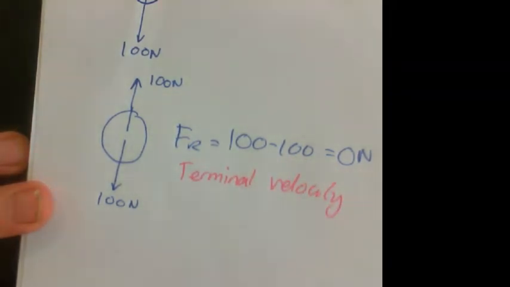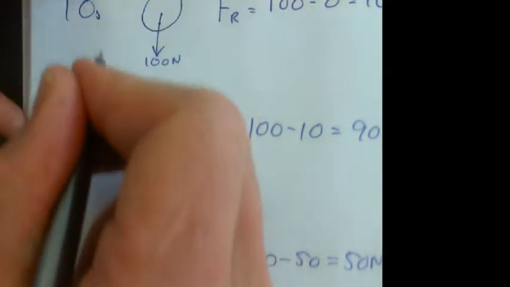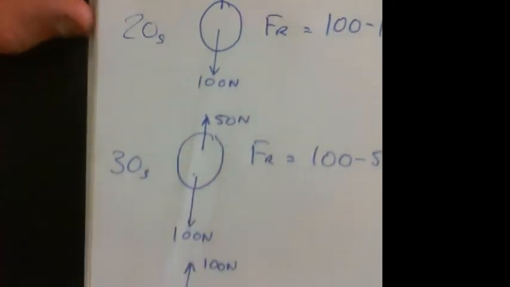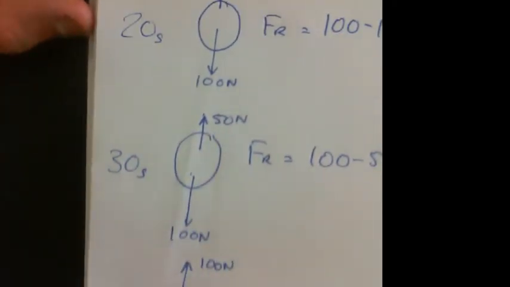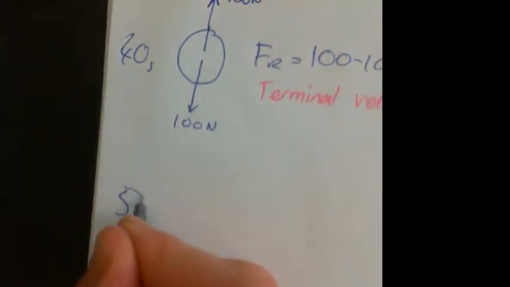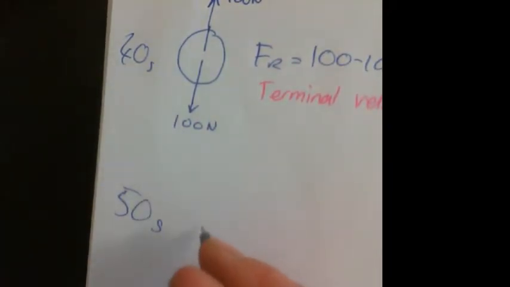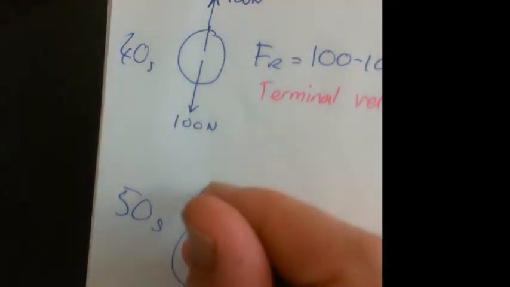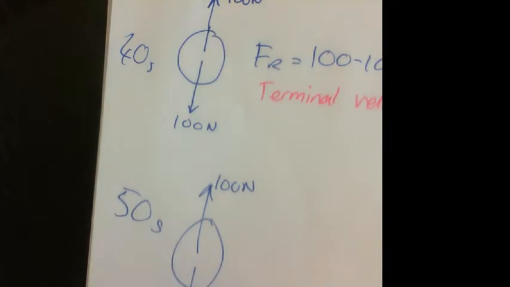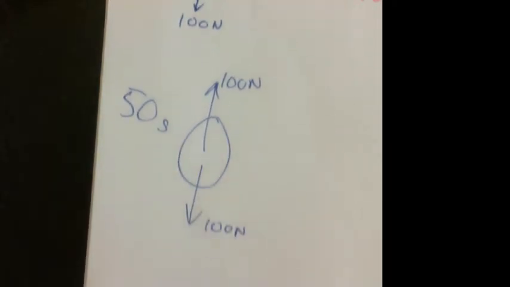Because if I was to say this was every 10 seconds of it falling, so 10 seconds, 20 seconds, 30 seconds, 40 seconds. If I was then to look at 50 seconds, it would look exactly the same.